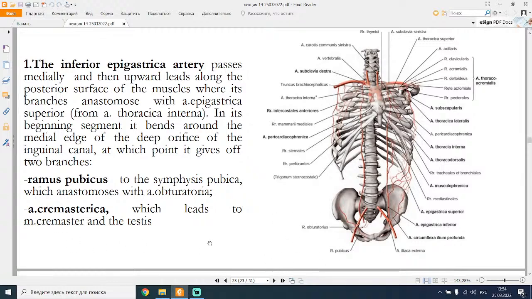Arteria epigastrica inferior branches into the ramus pubicus and the ramus cremasterica.